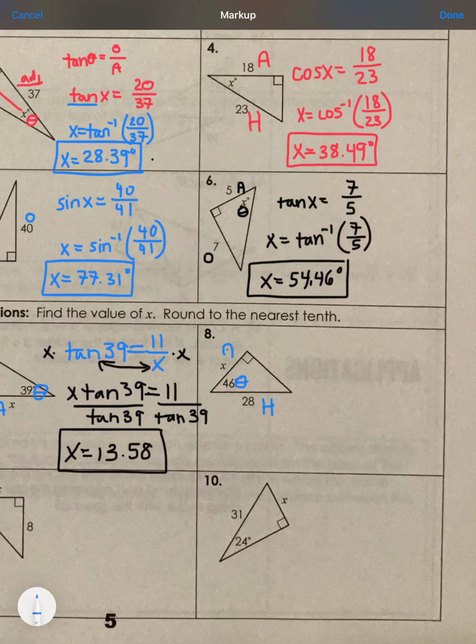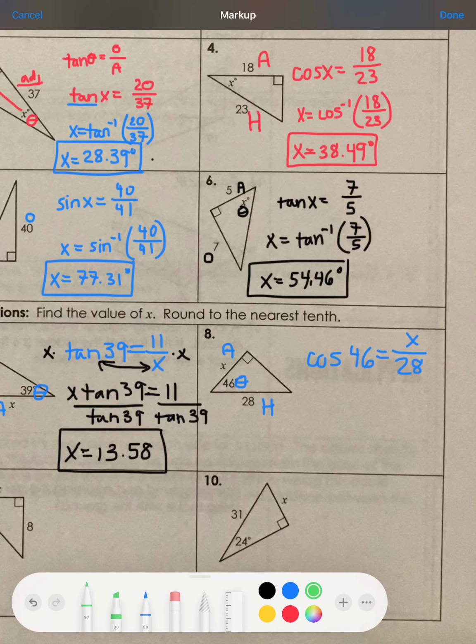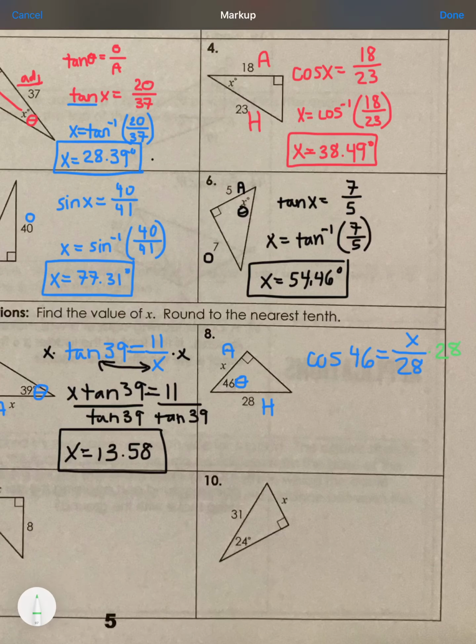And we'll do number 8 together. 46 is my theta. I have my hypotenuse and my adjacent. So that is cosine. Now when you have the number just in the denominator, you multiply by 28, and then you're done.